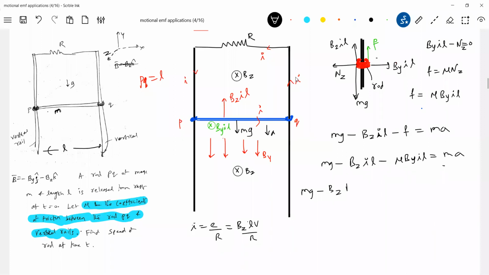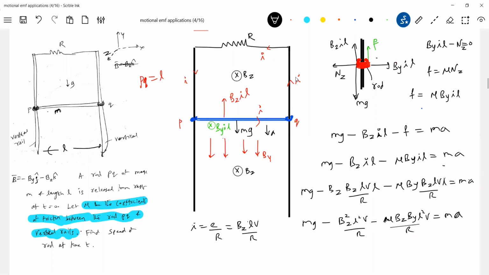BZ, what is I? BZ L V by R, this is L. Mu BY. BZ square L square V by R, minus mu BZ BY L square V by R.